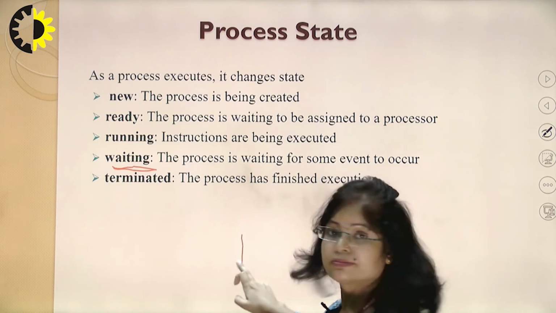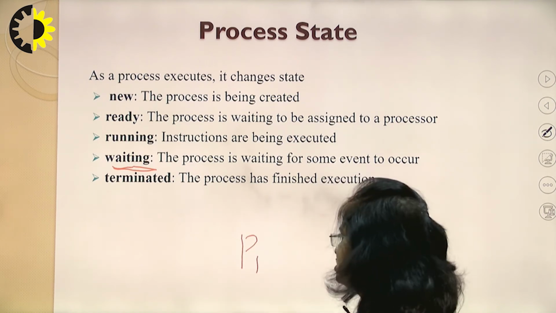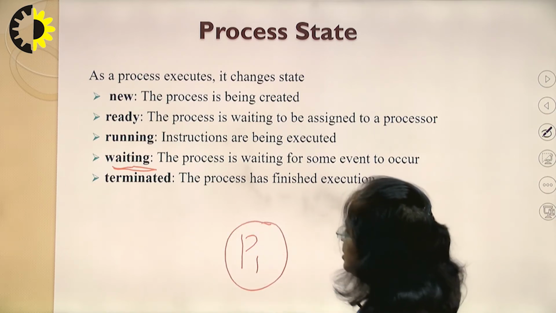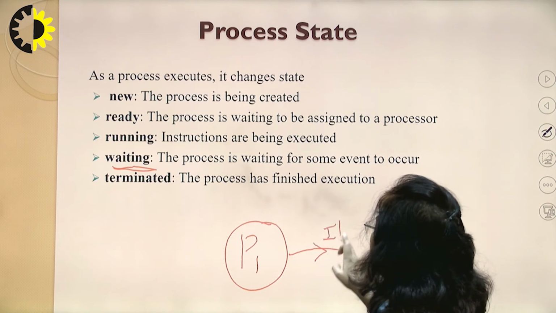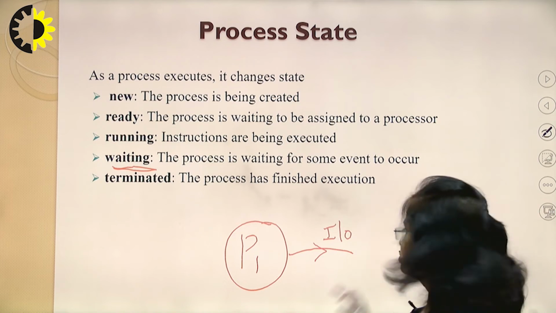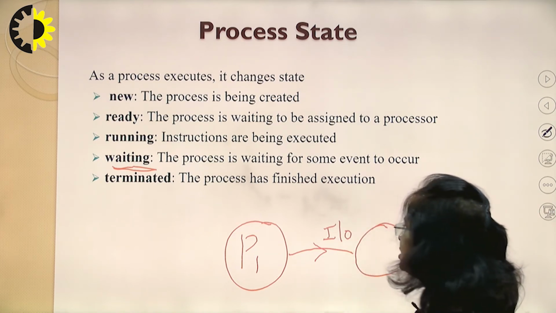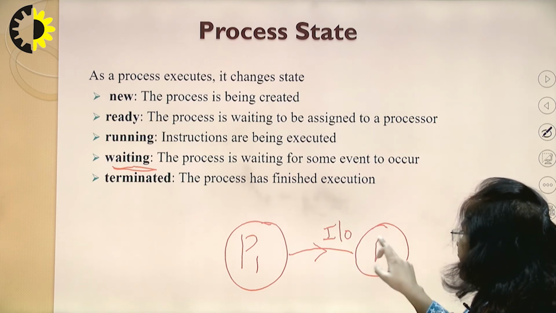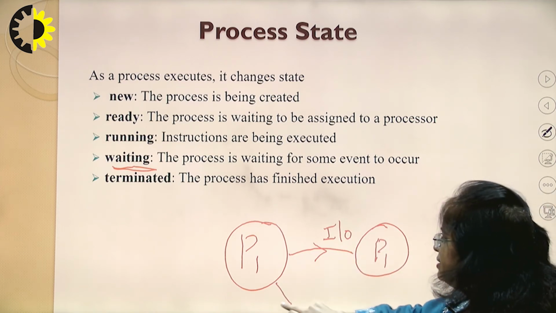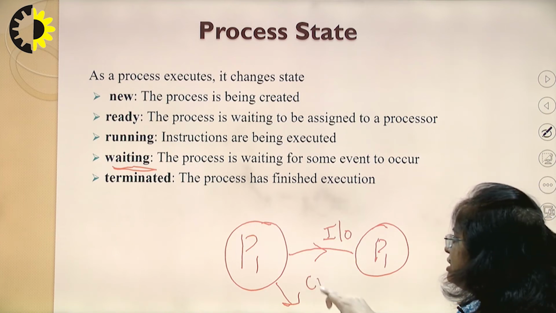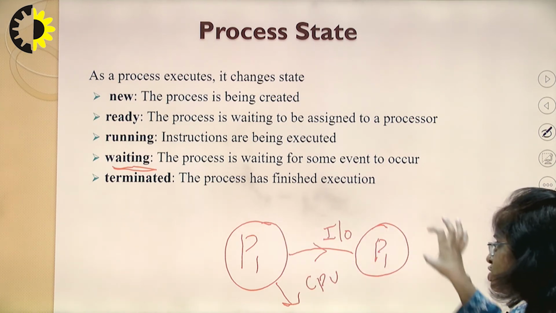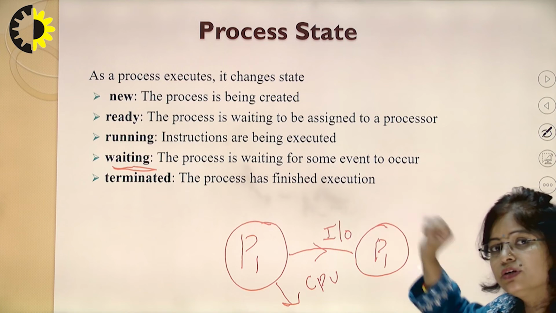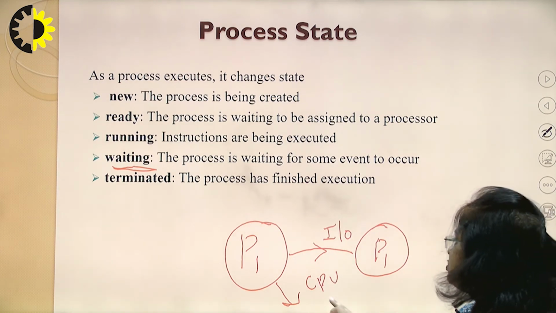Suppose P1 is a process that is already running, but at some moment it needs some input output device. So it starts execution related to input output. At that moment, we release the CPU from this process, because it is starting execution with the input output device, and we assign the CPU to some other process like P2.